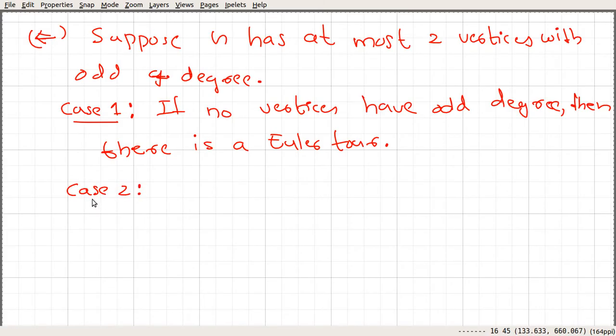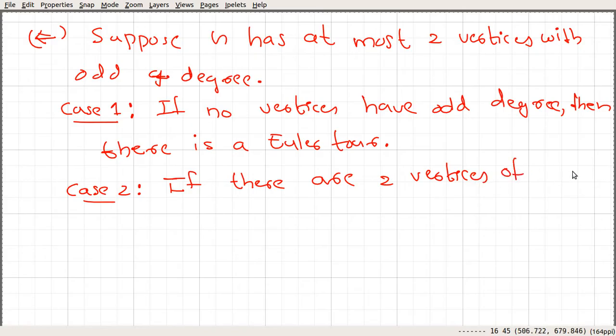Case 2: G has exactly 2 vertices of odd degree. Let's see what will happen in this situation.